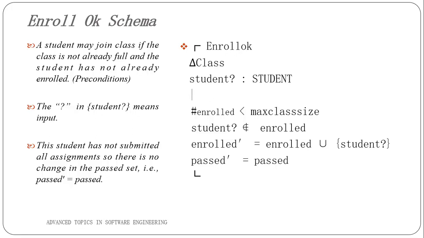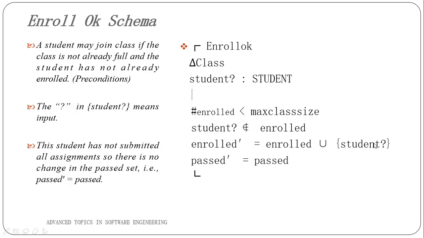So these are basically my two preconditions. One is hash enrolled less than max class size, and second is student question mark should not belong to enrolled. And if both preconditions are satisfied, then I will perform this operation, that enrolled dash equals enrolled union student input, that is student question mark.